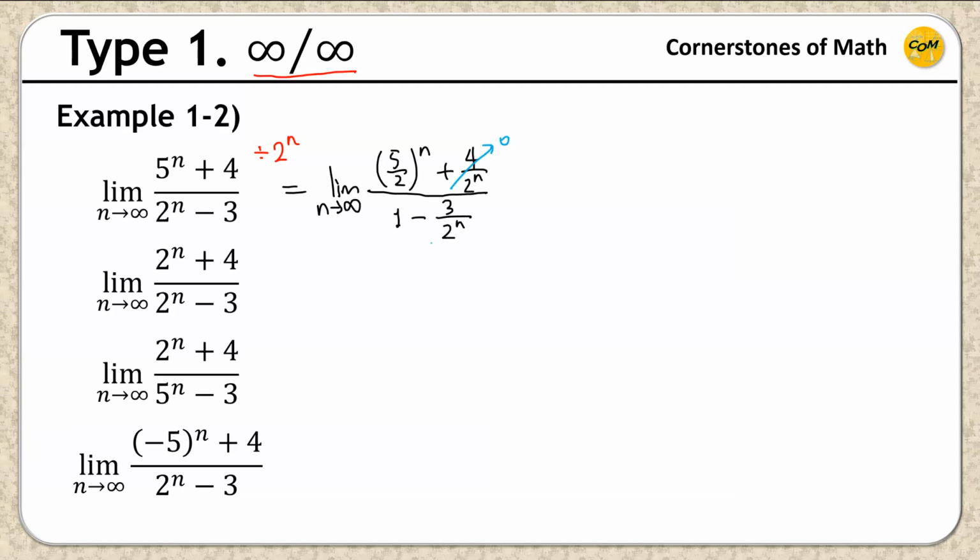Here, these parts approach 0. However, this 5 over 2 to the power of n goes to infinity, so the entire limit diverges to infinity.